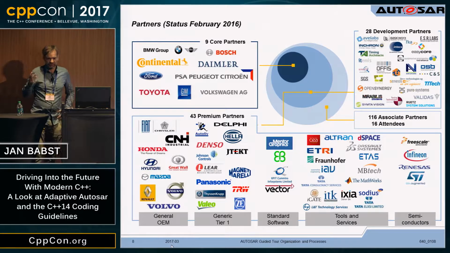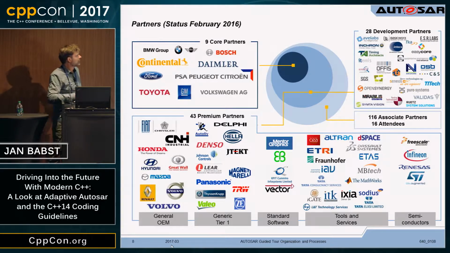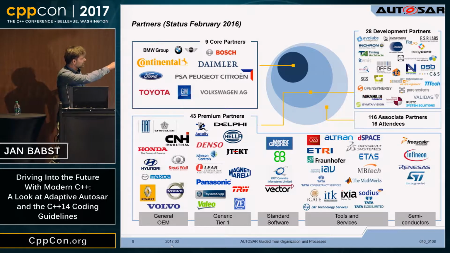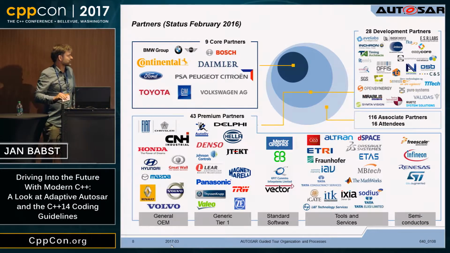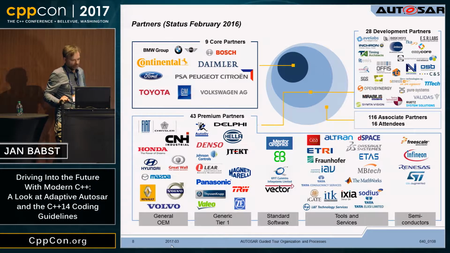And I have to mention this once: I work for this green logo in the middle, EB, Elektrobit. This is a software supplier, and among many other things, we deliver an implementation of the Autosar stack and the tooling for that.